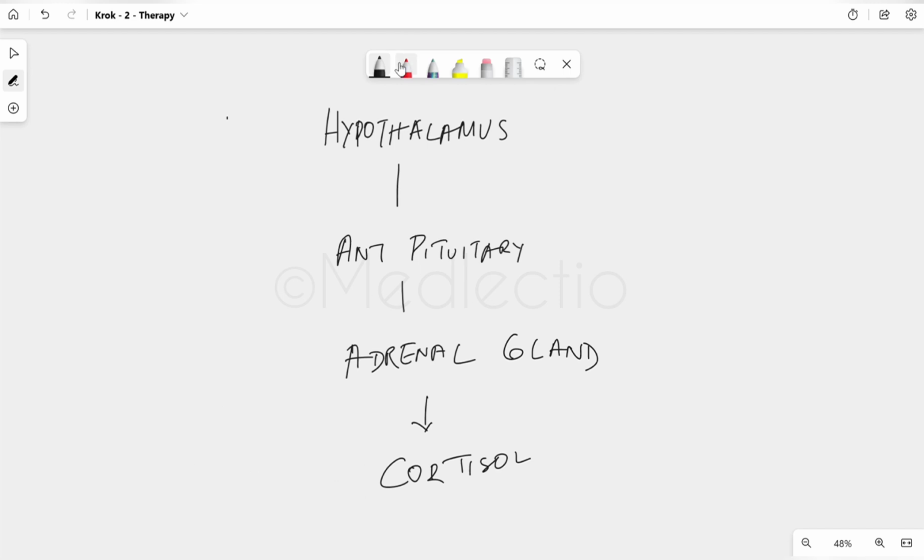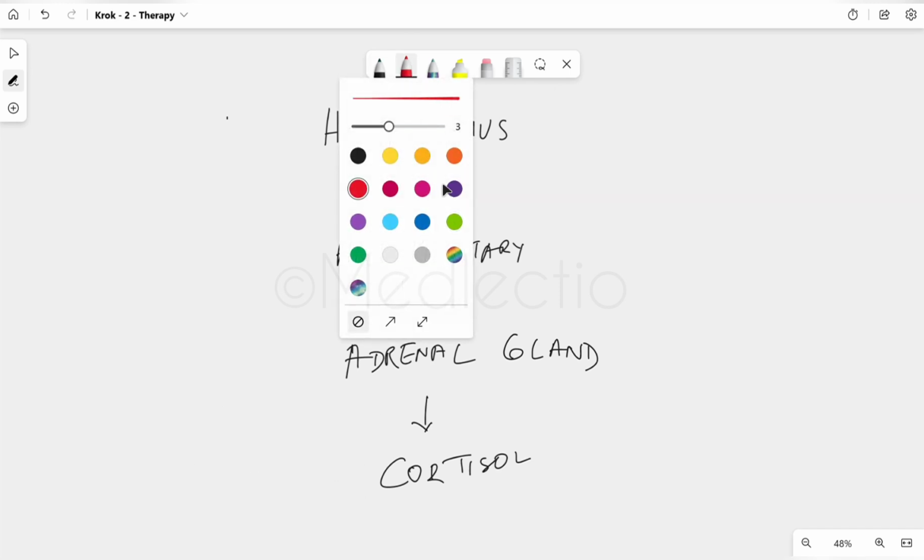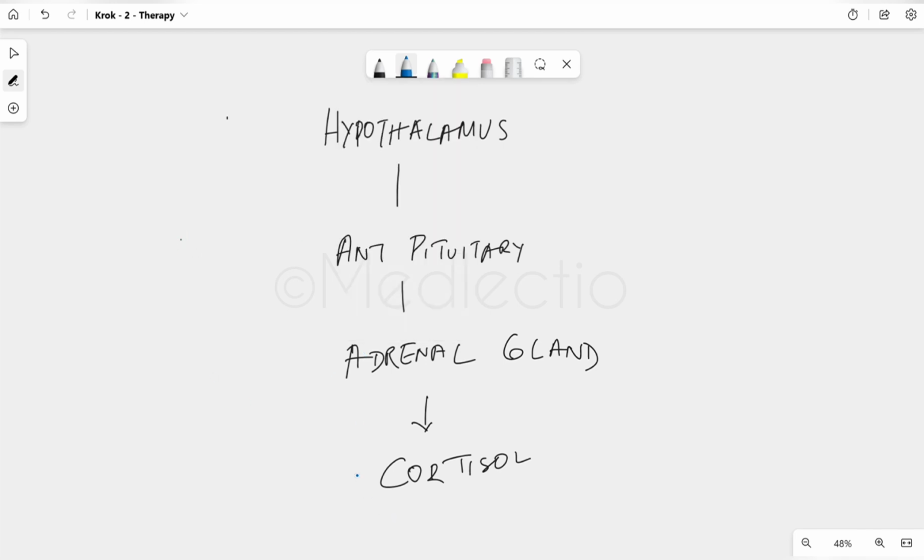Release of cortisol inhibits the anterior pituitary. It also inhibits the hypothalamus directly. So we get negative feedback here. So this is a cycle.